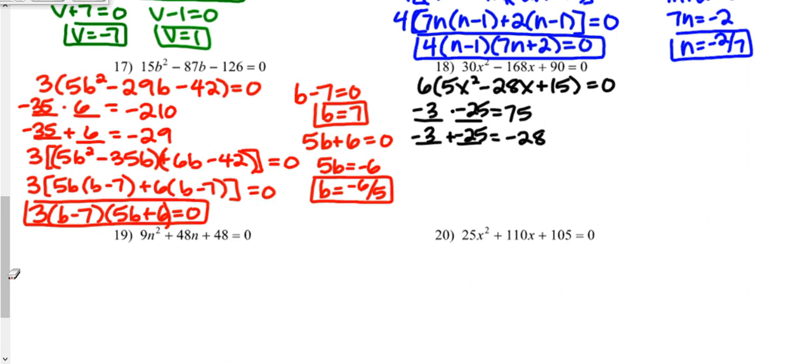So on these, just notice our a value has not been 1, so we have to take the long method. So I'm rewriting.